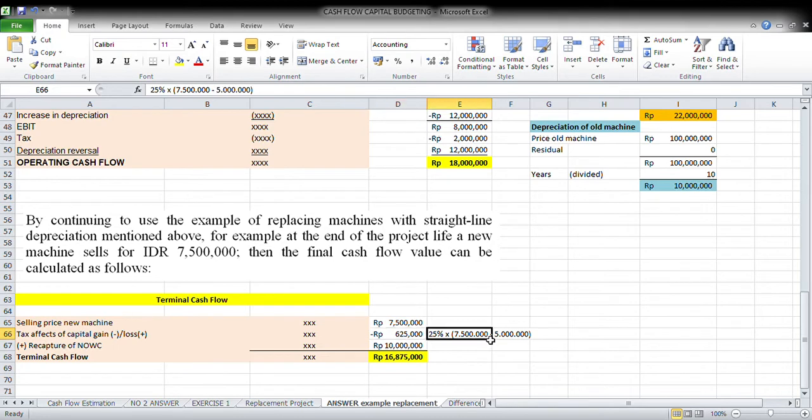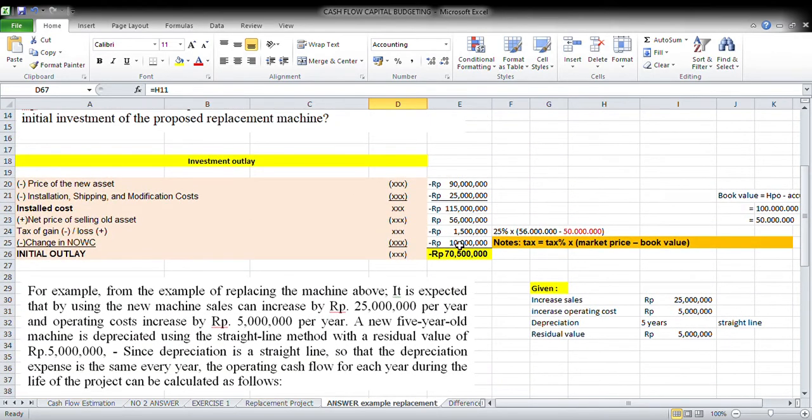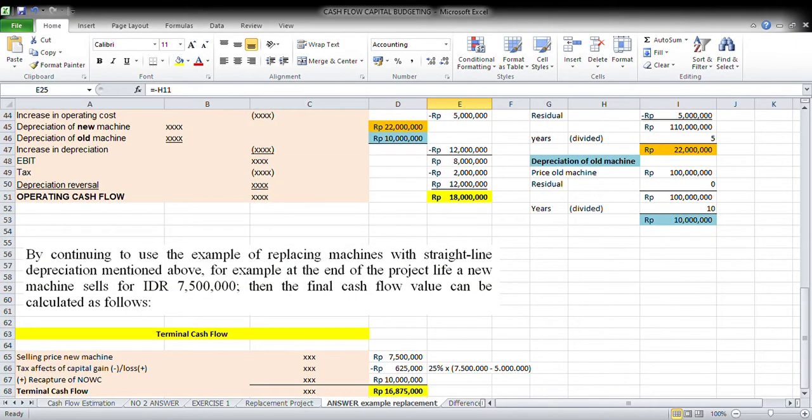The tax is the same, 7,500,000 minus the book value residual times 25%, and then we can recapture NOWC. This is from the first NOWC. This is 10 million, this one, and then we get the value of the terminal cash flow like that.